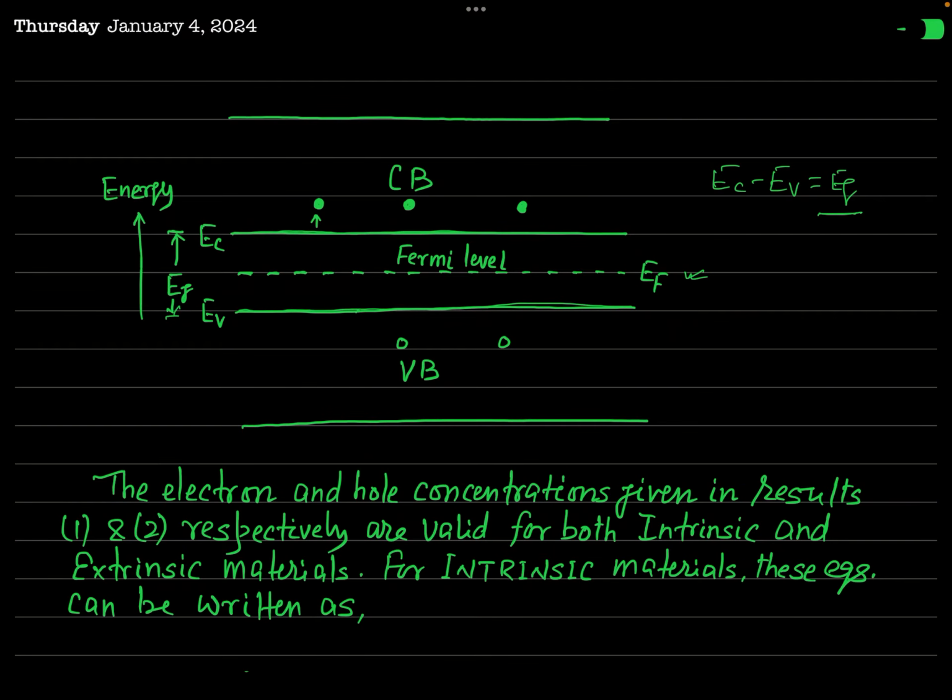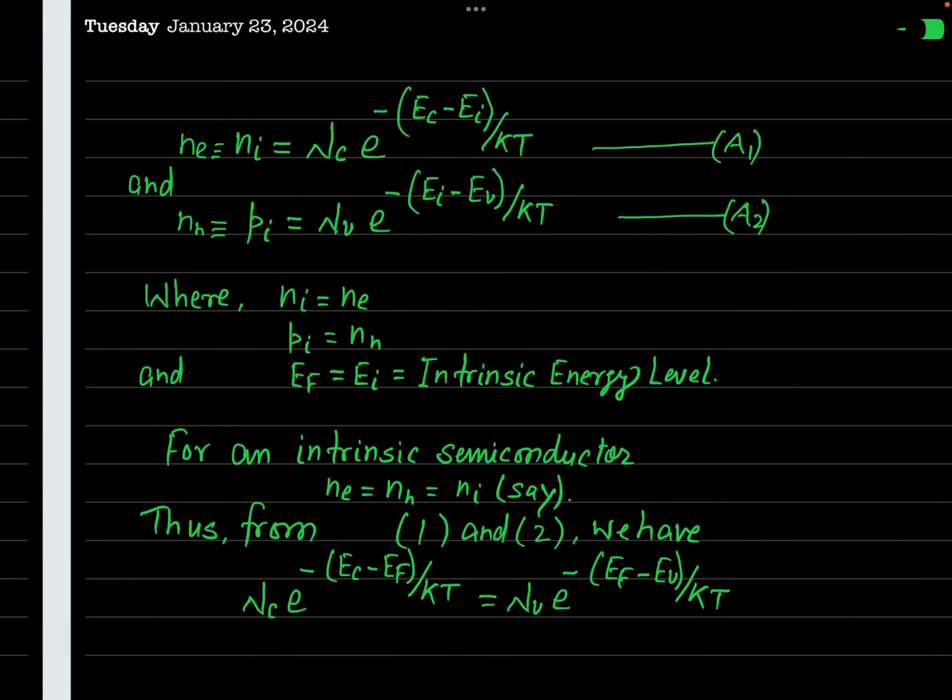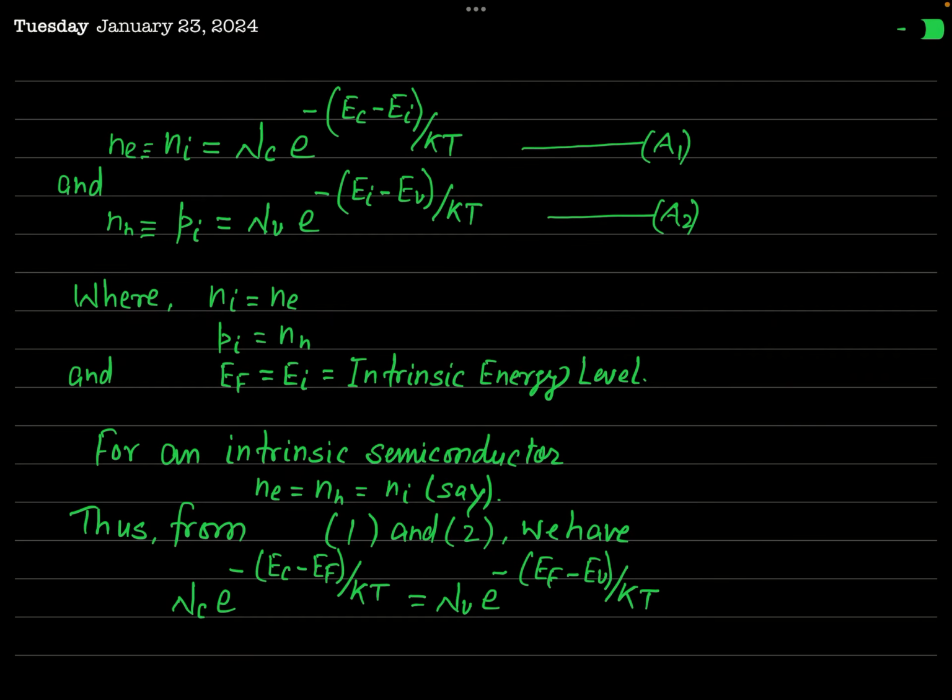If your aim is to express these two results only for intrinsic semiconductor, then you have to use a new term Ei, which is called the intrinsic energy level. This intrinsic energy level is simply the Fermi level in the case of intrinsic semiconductor.